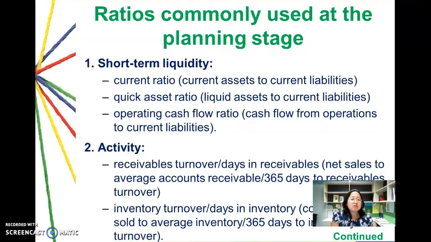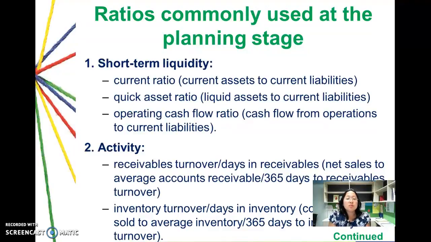There are two common activity ratios that the auditor normally uses. The first is receivables turnover, that is, the turnover cycle, how many times they can collect the receivables, and days in receivables, the average receivable cycle.